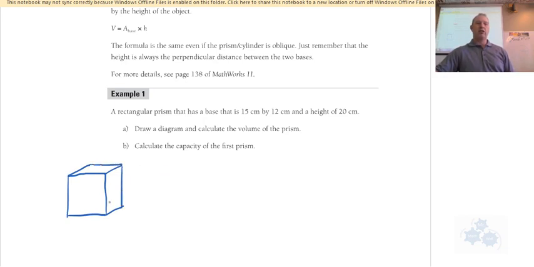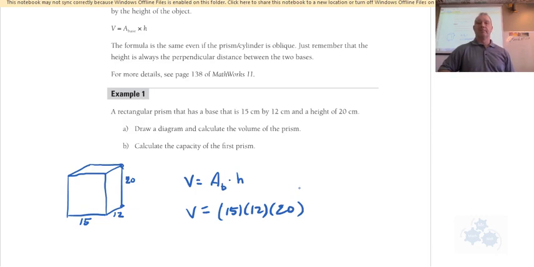That's a quick and easy way to draw a three-dimensional shape. We'll label this 15 by 12, with 15 here and 12 on this side, and the height is 20, from here down to there. The volume is the area of the base times the height, so the area of the base would be 15 times 12, and the height is 20.